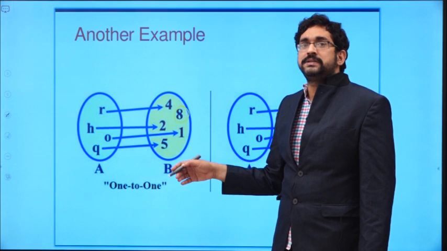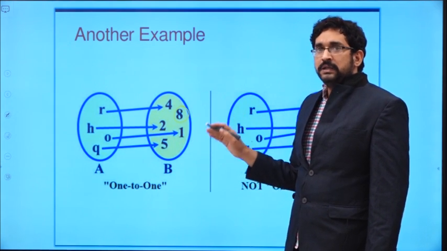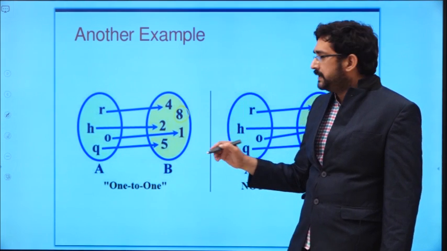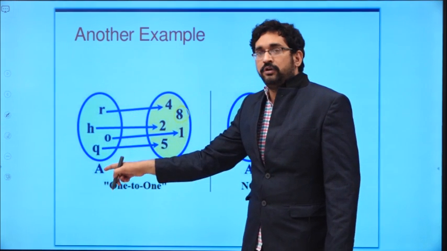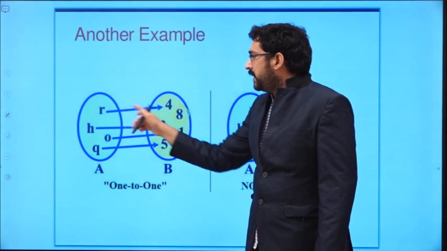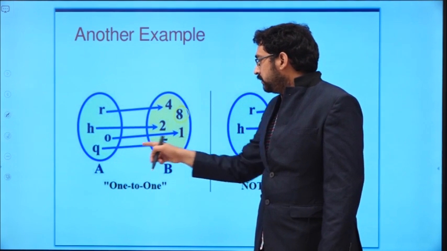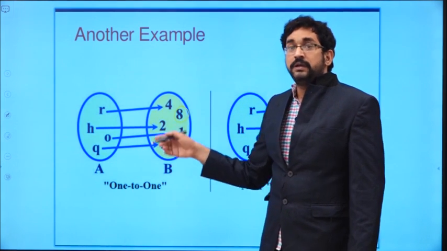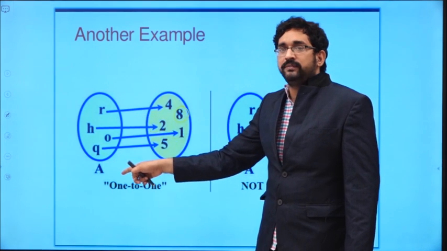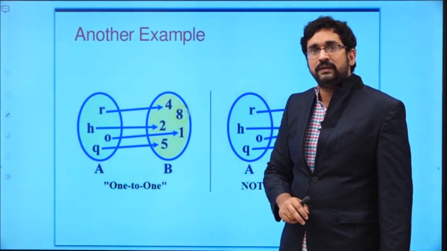Even in that case it is 1 to 1, because for a function to be 1 to 1, the condition to be satisfied is that distinct elements of the domain should map to distinct elements of B. Here R is mapped to 4, H is mapped to 2, O is mapped to 1, Q is mapped to 5. As all distinct elements of the domain are mapped to distinct elements, this is a 1 to 1 example.